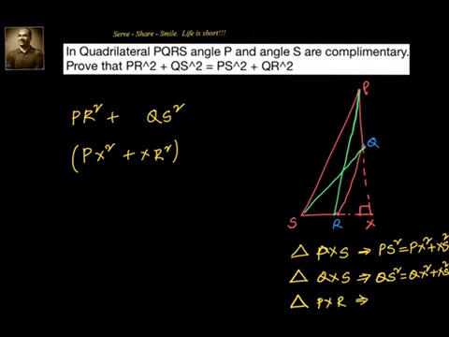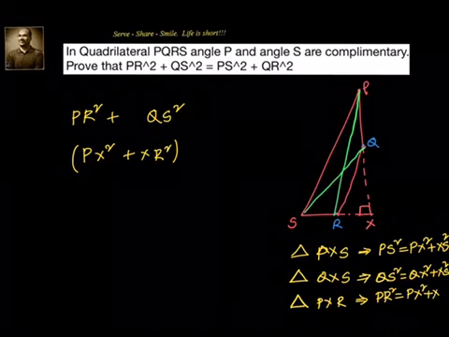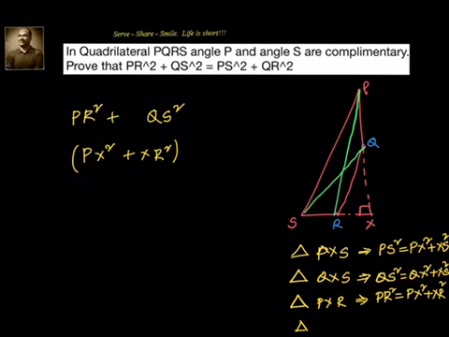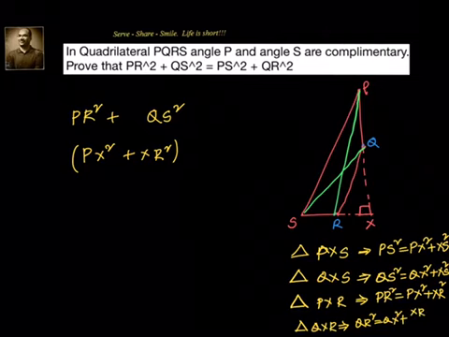There we can write down PR square equal to PX square plus XR square. We have one more triangle, that is triangle QXR. From there we can write down QR square equal to QX square plus XR square.